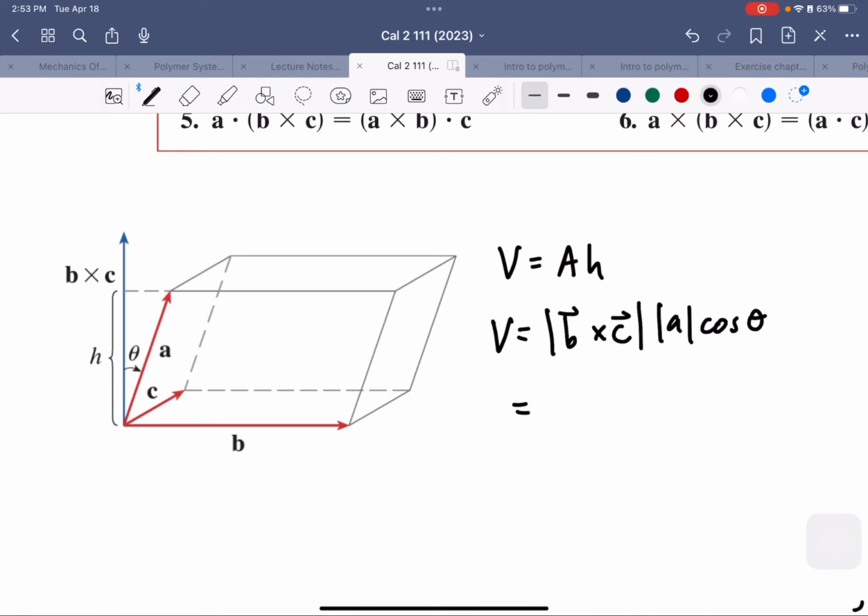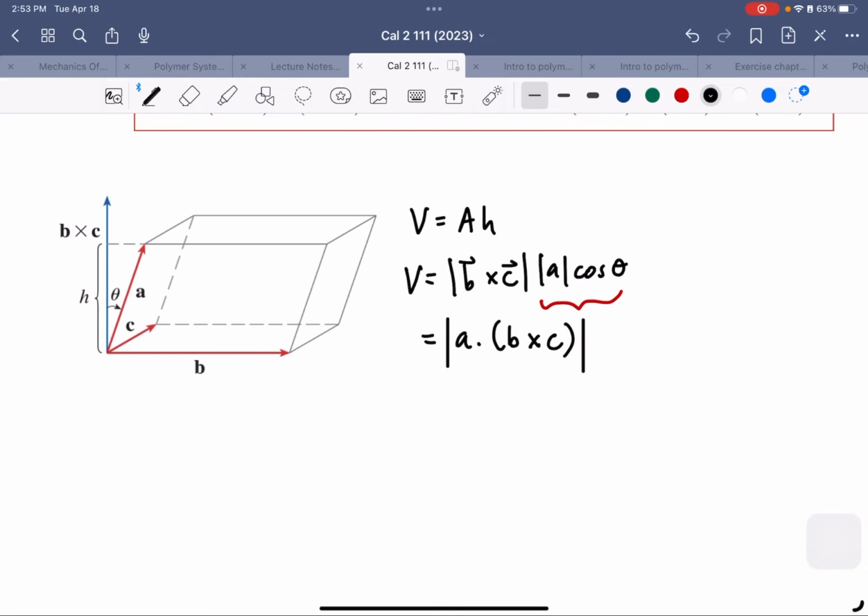This is simply related to the dot product, so we can take A dot B cross C and then the magnitude. This will be the volume of the parallelepiped.